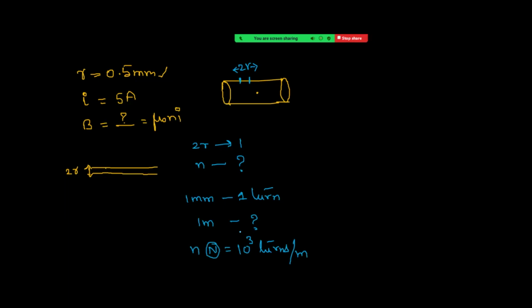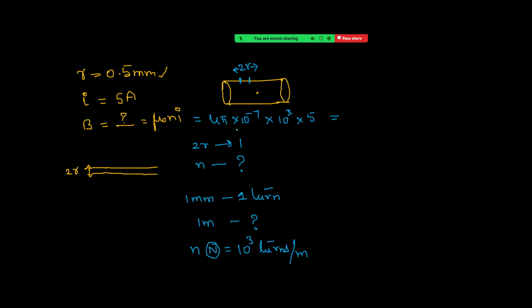Okay. So therefore, for the B value, substitute here: mu naught is 4 pi 10 power minus 7, n value is 1000, and I value is 5. Now see what the value is. 4 5s are 20.